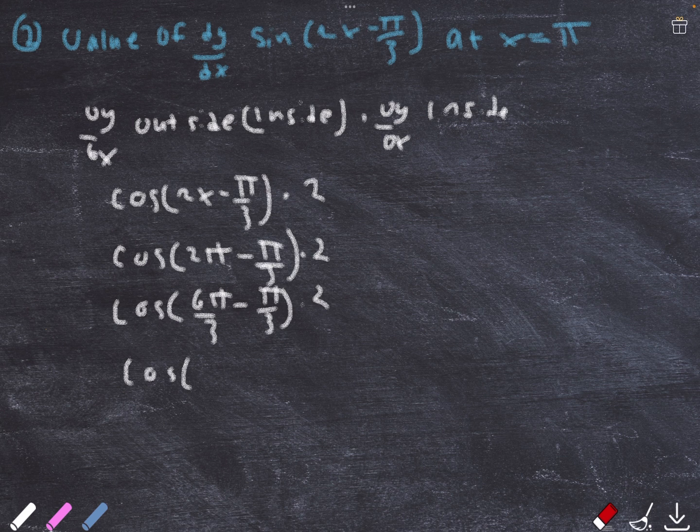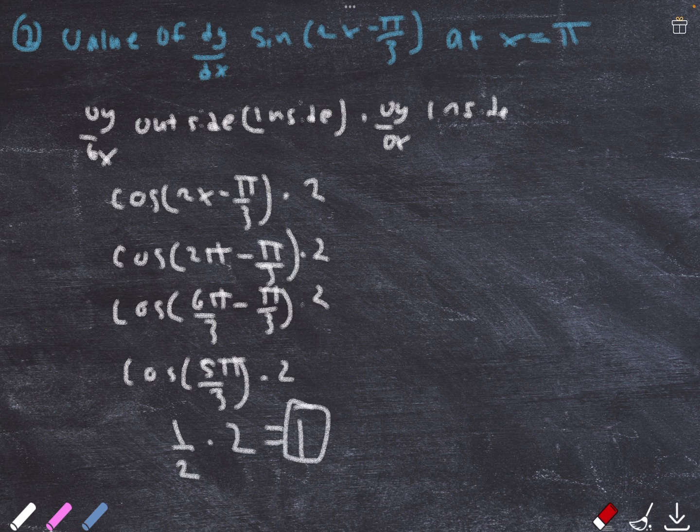So then this is going to be cosine of 5 pi over 3 times 2. And if you guys recall, the cosine of 5 pi over 3 is equal to 1/2, right? Because of the unit circle and all that other stuff. So then this is going to be 1 over 2 times 2, which is equal to 1.